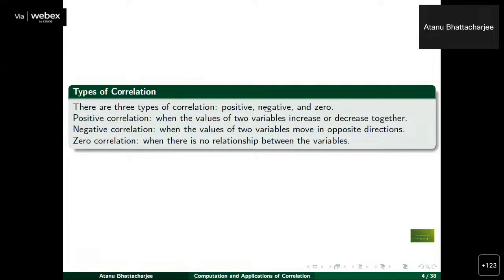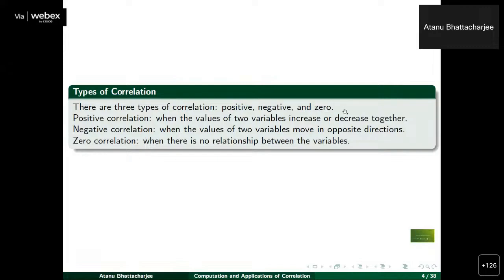Any value between 0 and +1, like 0.2, 0.3, up to 1, would be defined as a positive correlation. So these are the two limit values on the x-axis. From 0 to 1 is positive, from 0 to -1 is negative, and if it is exactly 0, it is no relation. That is quite a straightforward thumb rule to make that statement.